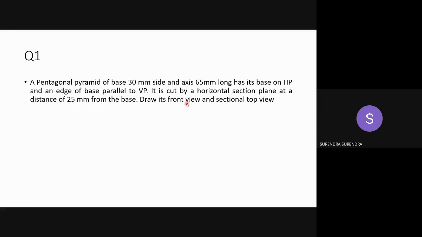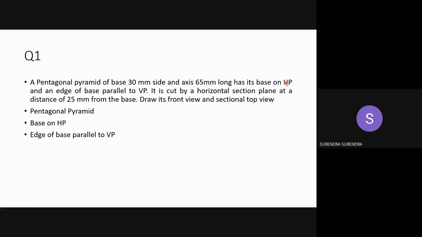So first, note the important points from this. First of all, what is the shape of the object? The shape of the object is a pentagonal pyramid with base on HP. Next, edge of the base parallel to VP.